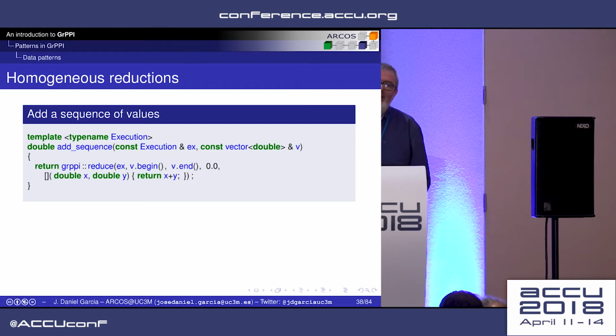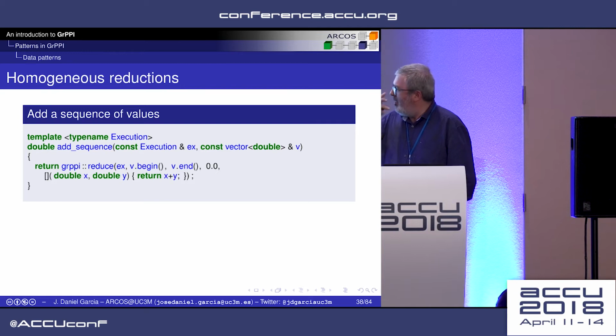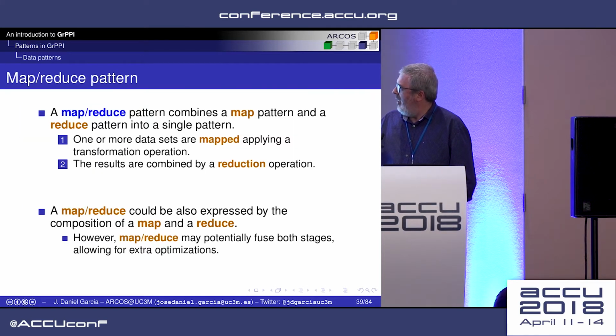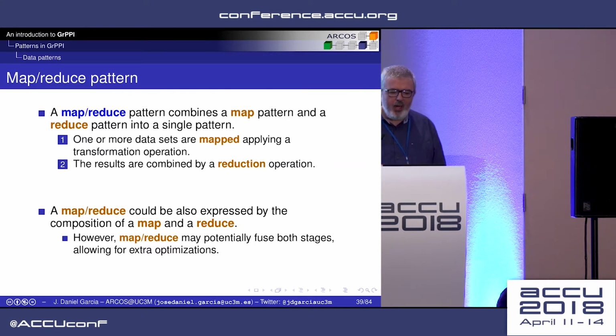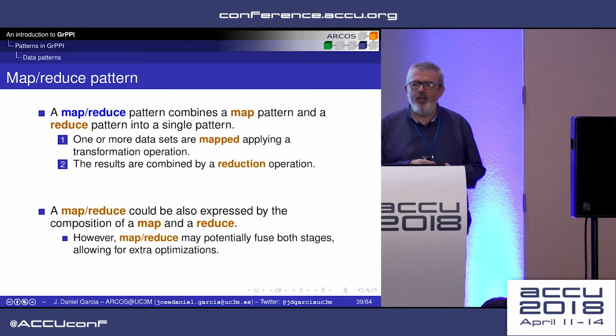Then we have map reduce, which is just a 2-phase algorithm. It's the same as transform reduce in the STL. Again, we have a first phase of map where I may have 1 or more data sets. The only difference with the transform reduce from the STL is that, again, we allow a dimension higher than 2 for the map phase.